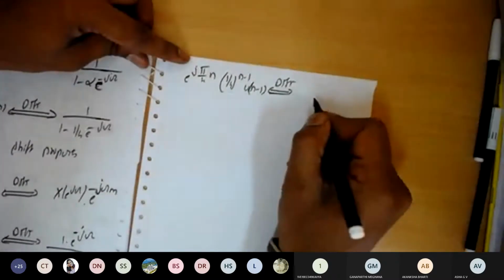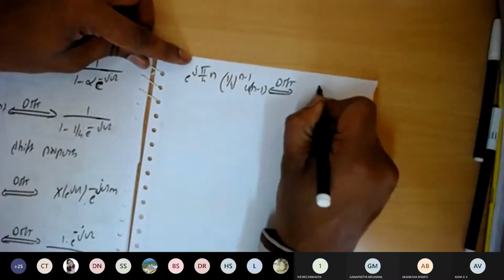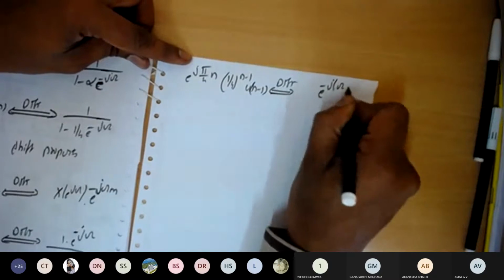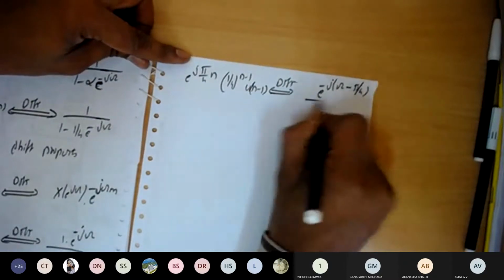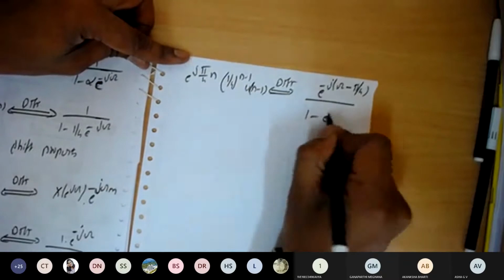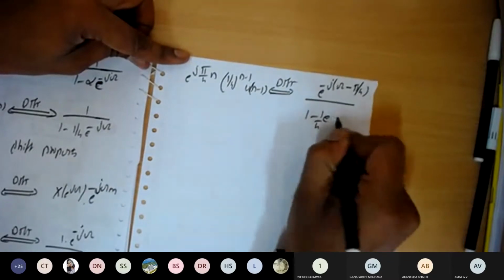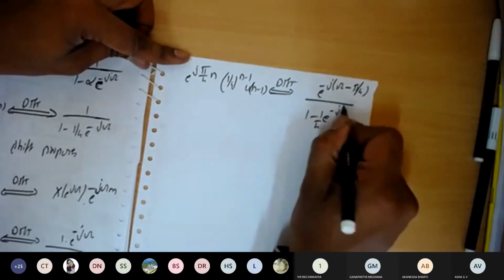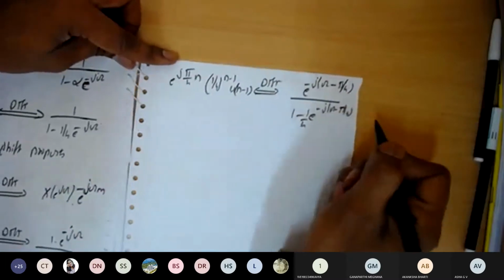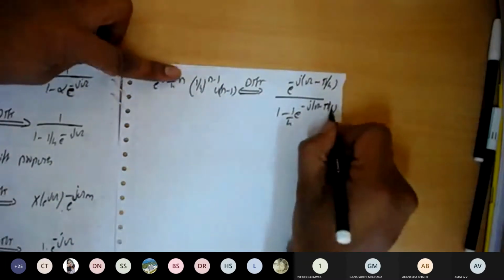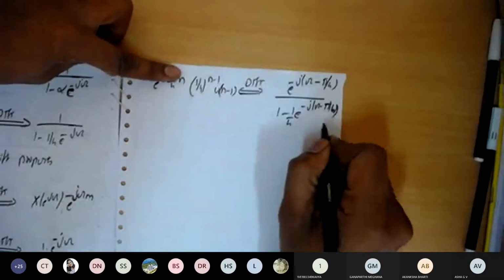Wherever ω is there, we are going to replace it. So it becomes e^(-j(ω minus π/4)) divided by 1 minus 1/4 e^(-j(ω minus π/4)). In place of ω, we replace with ω minus π/4.